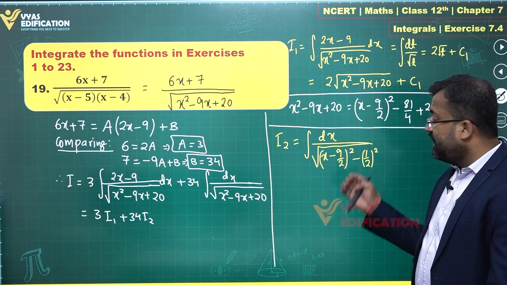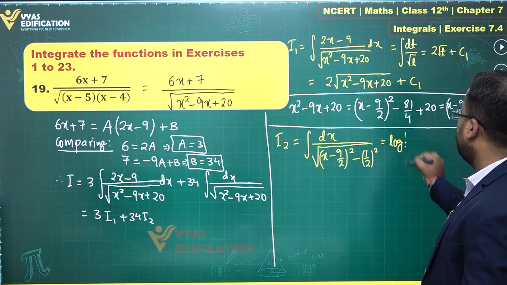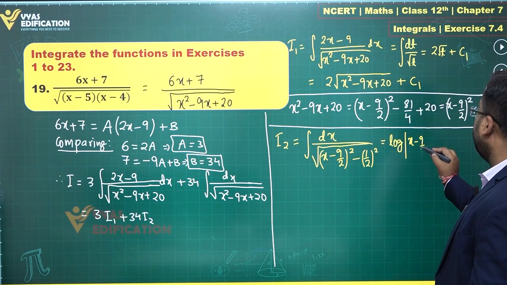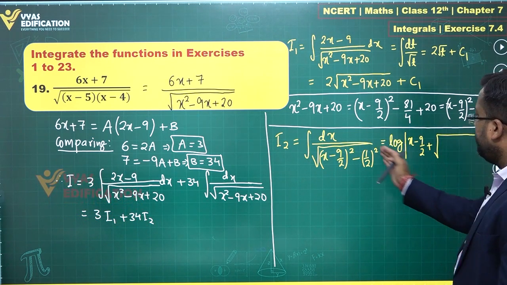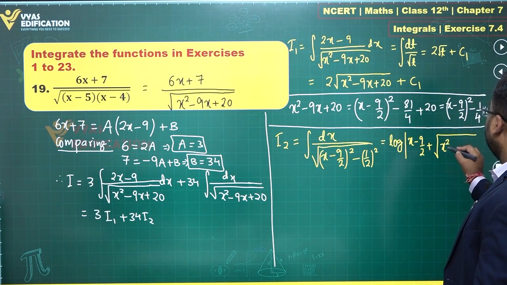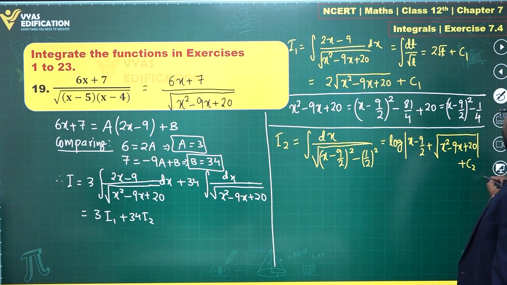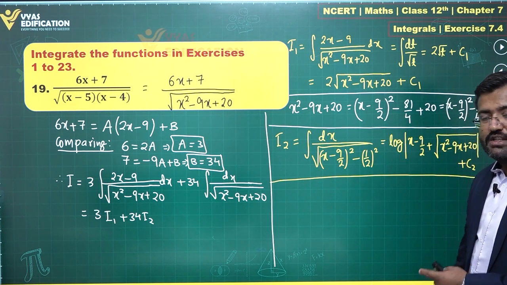Yes, and this is nothing but under root of x square minus a square. The formula says this will be log modulus of x minus 9 by 2 plus under root of this whole expression, modulus plus constant of integration c2. This is I2 for us, right?